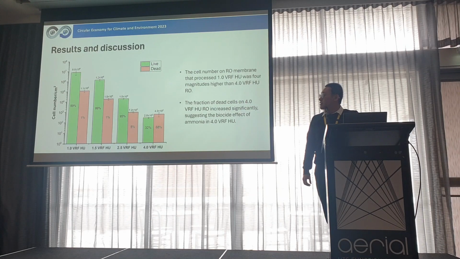And what is significant is that with the most concentrated urine, the dead bacteria increased significantly from 1% to 68%. So it also shows that free ammonia has the ability to inhibit, or at least to kill, the bacteria so that the bacteria cannot reproduce. Therefore, we can reduce the biofouling.